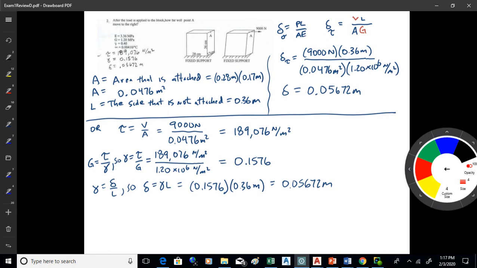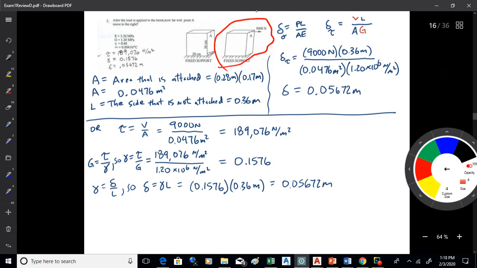So what I want to do first is understand that that's a shear problem, because I'm not stretching the block or compressing it. I'm sliding those planes one across the other. So when I look at the shape of that, that's that shear going on there, okay?